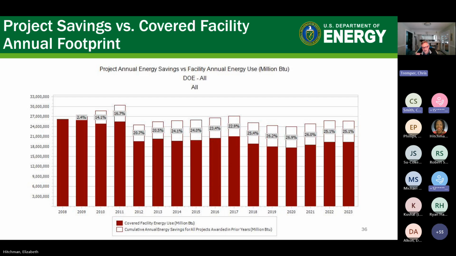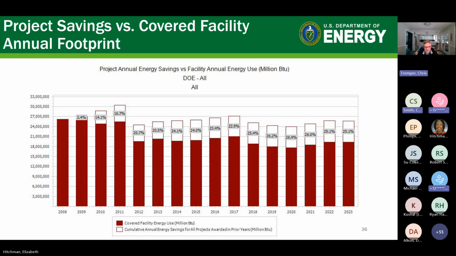So this is another reason why you should be reporting on your implemented projects. It shows the good work that you've been doing, and it presents to you the counterfactual of how much we are saving from the investment we are making.